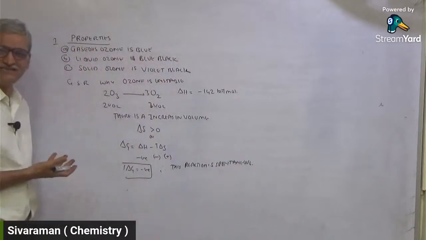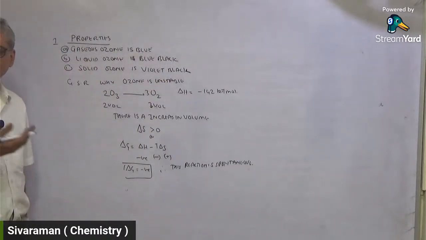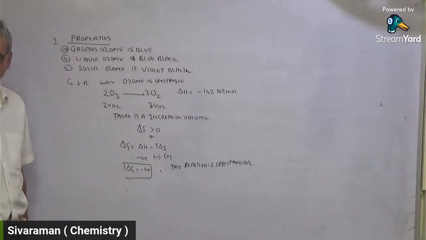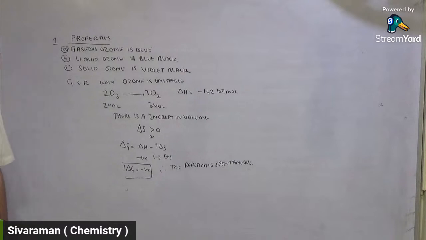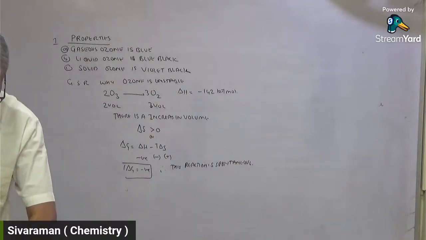Therefore, ozone is unstable; it preferably converts to oxygen on its own spontaneously, because delta G is negative. It's a thermodynamic answer. Is this clear? Just take down this much, then we'll come to chemical properties and call it a day.